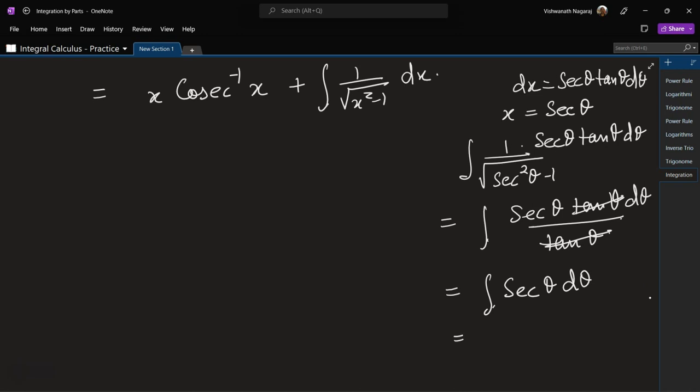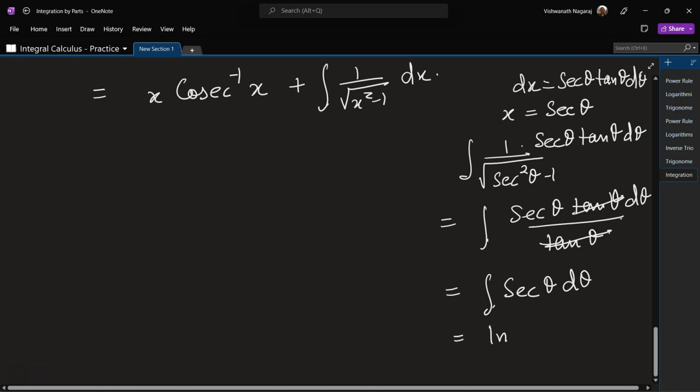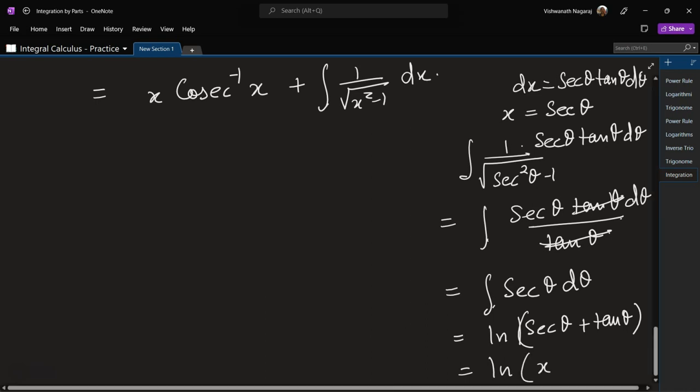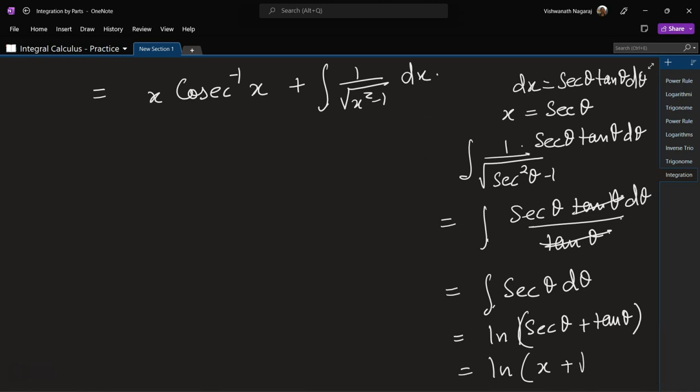And when we integrate sec theta, what do we get? We know, we have done this previously, it is going to be natural log of sec theta plus tan theta. And sec theta is nothing but x, and tan theta is nothing but square root of x square minus 1.